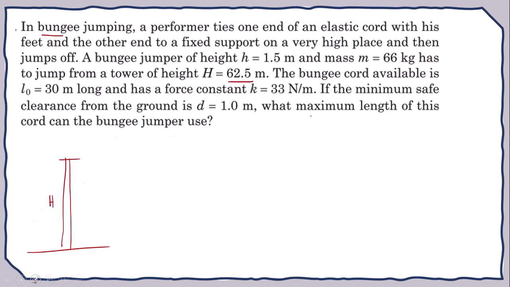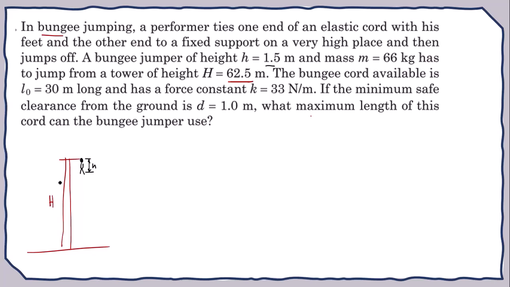Now, once the jumper is jumping, let us say this is the initial location of the jumper, whose height is given as small h. So this is the small h height.